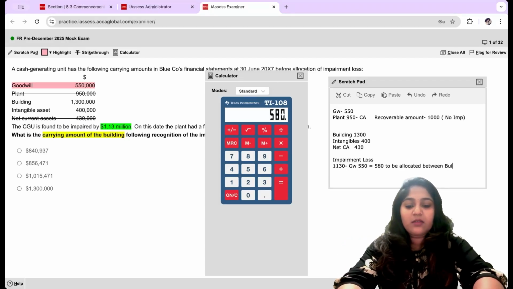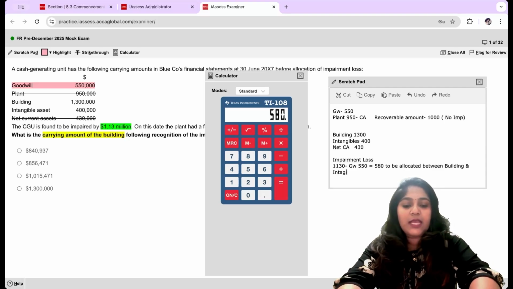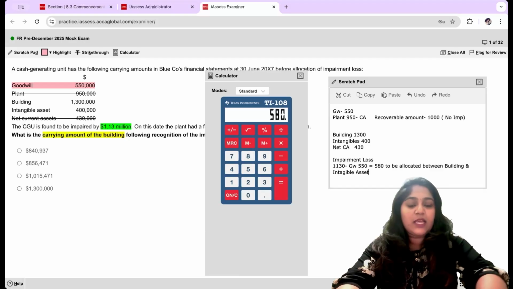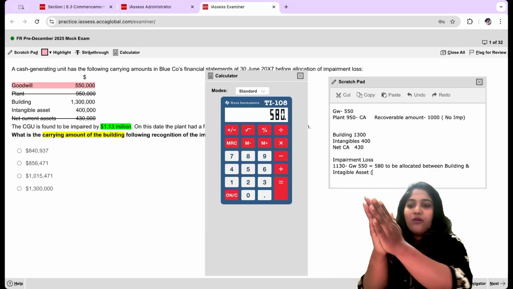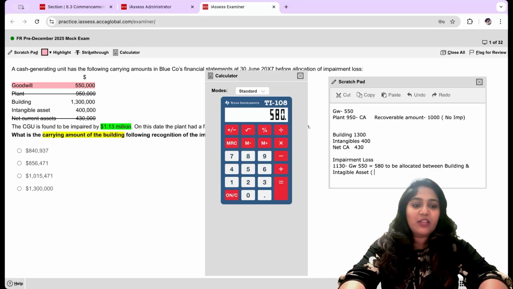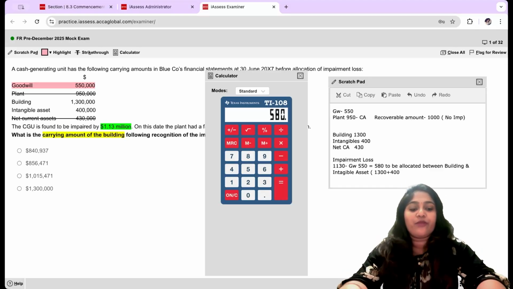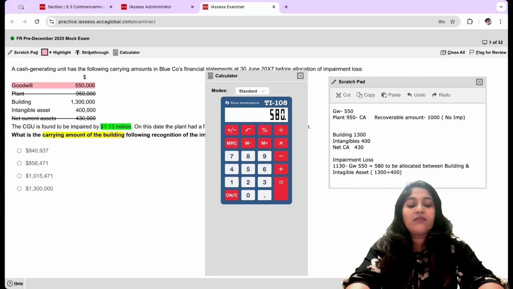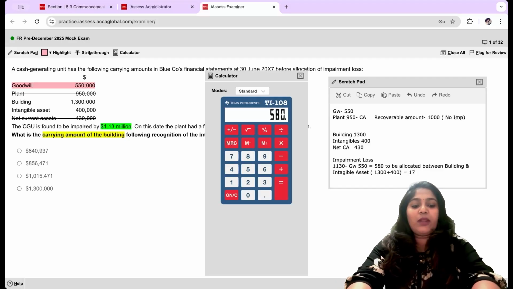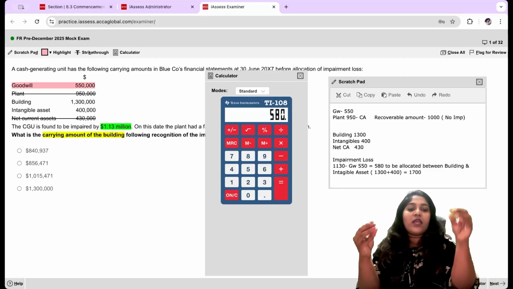One is building, another one is intangible asset. So it has a ratio of, if you see, building has a value of 1.3 million, right? And your intangible asset has a value of 1.4 million. So for the total worth of how much? Total worth of 1.7, I have to allocate 580.